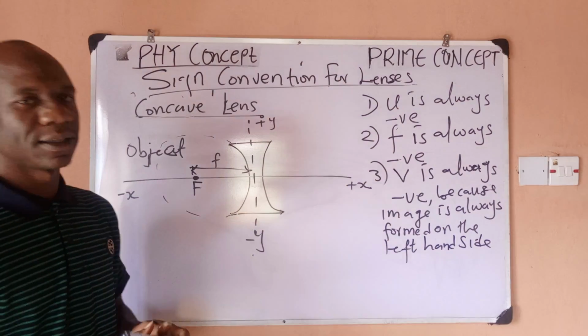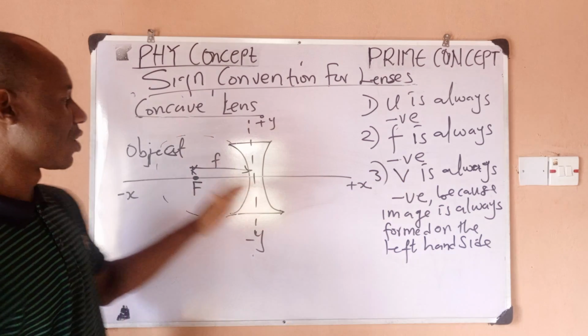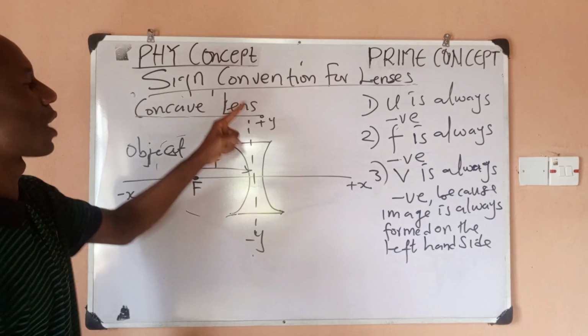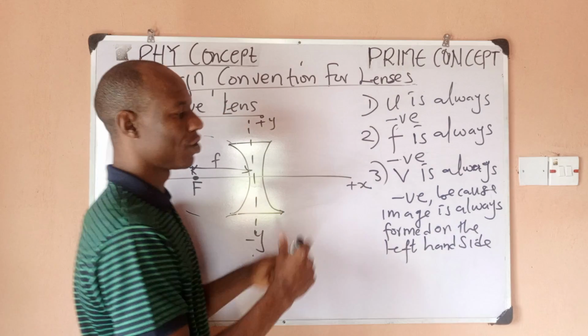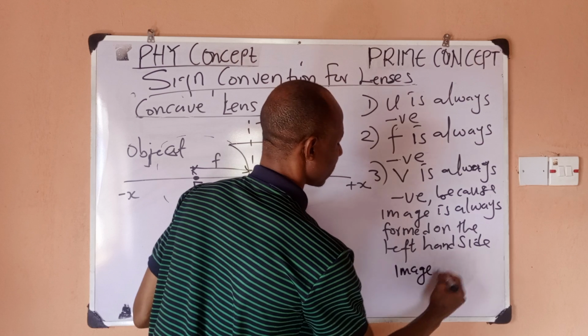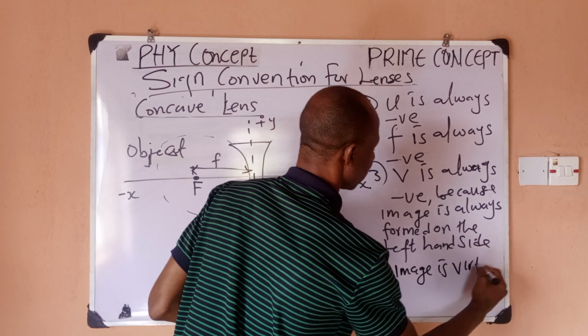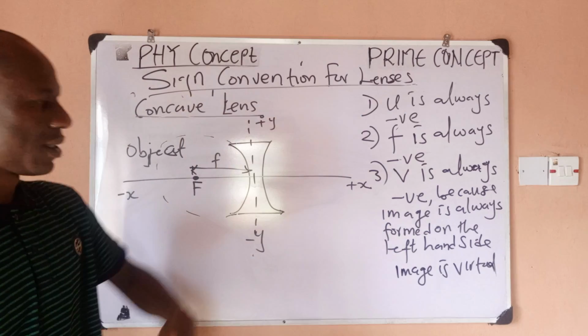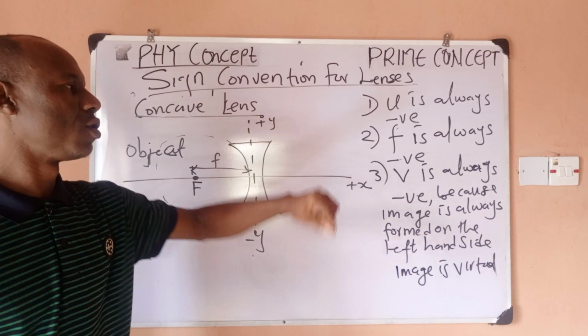V is always negative because the image is always formed on the left hand side. So V would always be negative for our concave lens, which invariably would translate to saying that the image is virtual. So the image is always going to be what? Virtual.